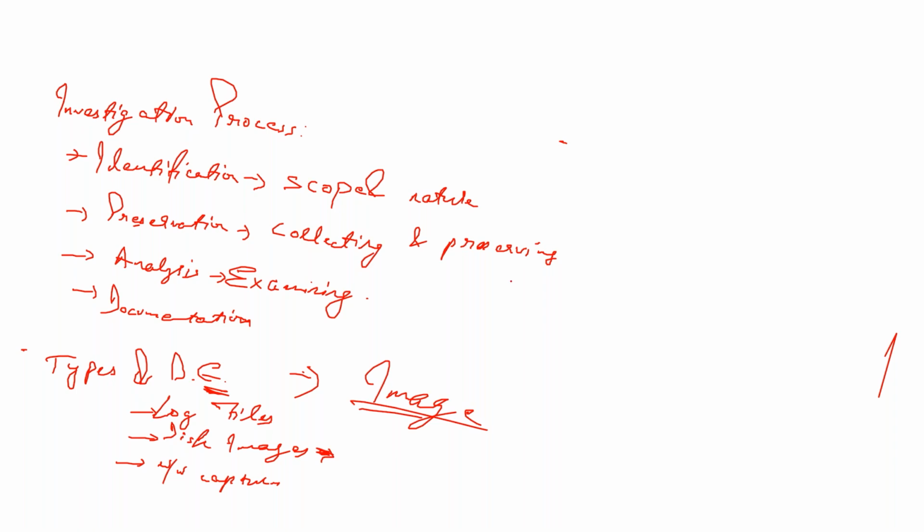See, guys, what do you think might be the difference between these three words: copy, clone, and image? When we say copy, we involve duplicating files or directories from one location to another.